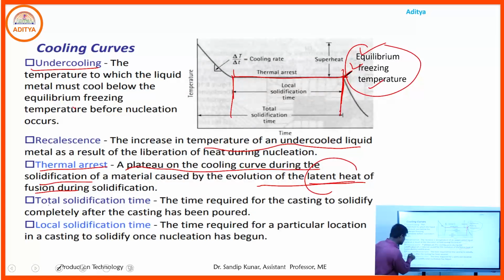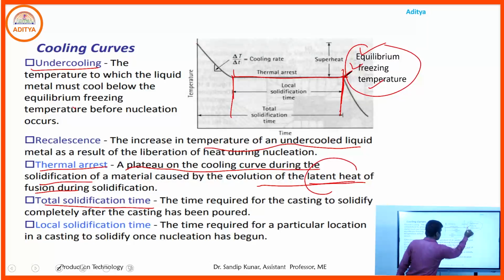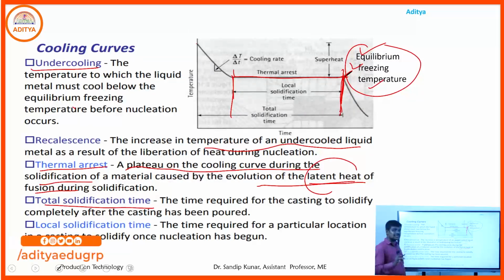And that is the total solidification time. It is the time from when the molten material is poured into the mold cavity until the casting solidifies completely, which means the time required for the casting to solidify completely after it has been poured.